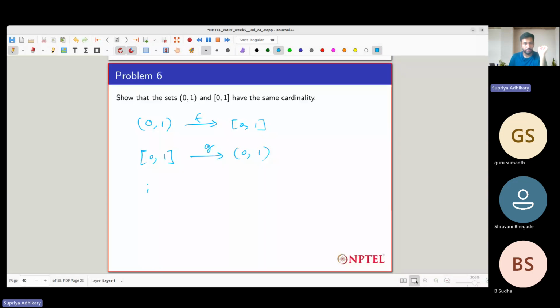then we can say that there exists a bijection.